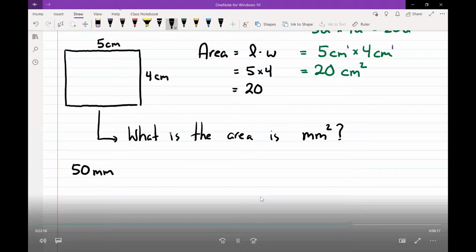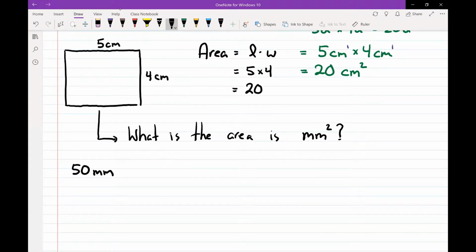So you could say 5 centimeters is the same as 50 millimeters, and 4 centimeters is the same as 40 millimeters because there's 10 millimeters per centimeter. And if you times those together, you would get 5 times 4, which is 20. And then you're timesing 2 tens, so you add 2 more zeros. So 2,000 millimeters times millimeters, so millimeters squared. And that's a pretty fast way to do that kind of question, converting that.